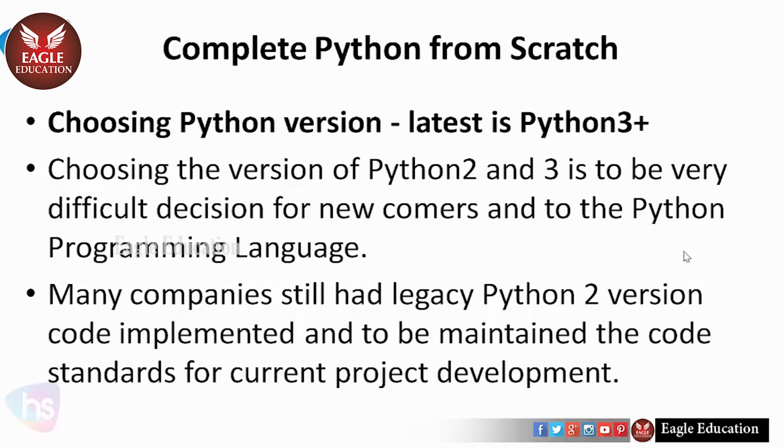The difficulty is that many companies still have legacy Python 2 code implemented, and maintain the code standards for current project developments. They may expect you to know the functionalities available in Python 2 as well. In this course, we cover many parts from Python 2 to Python 3, and there will be some explanation of deprecated methods as well.